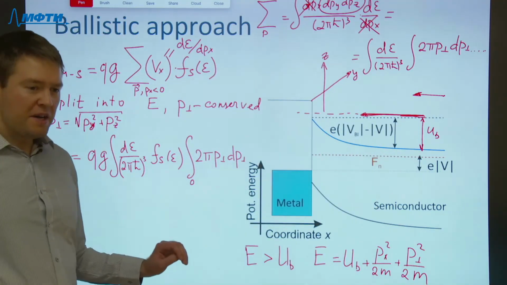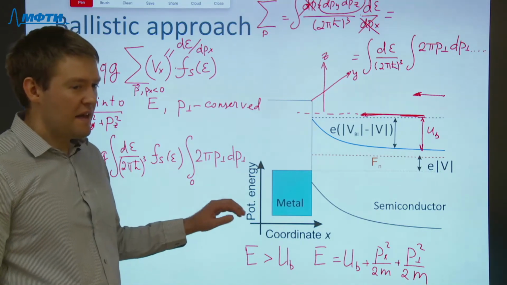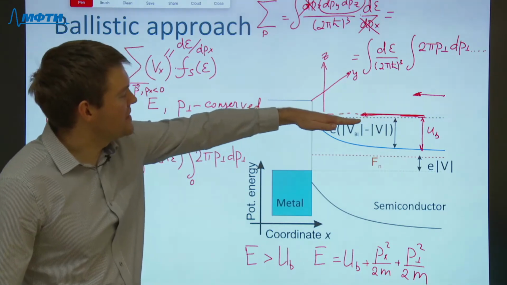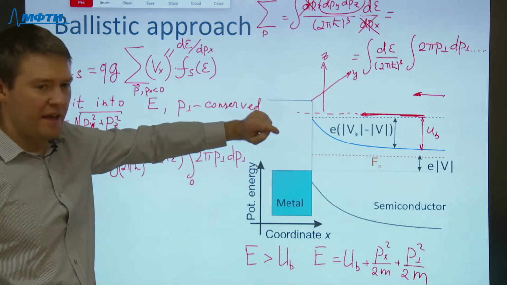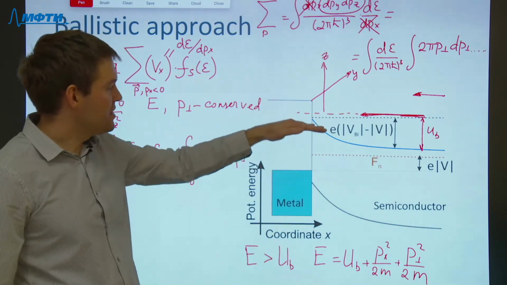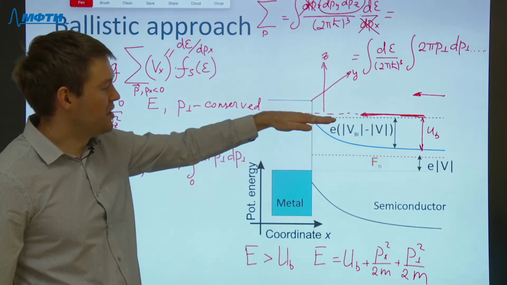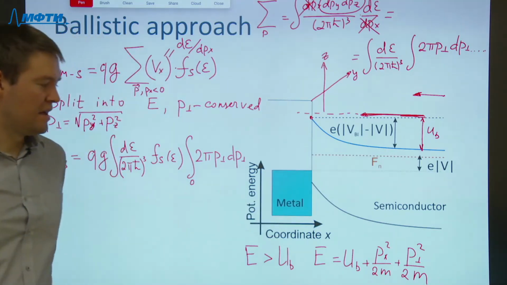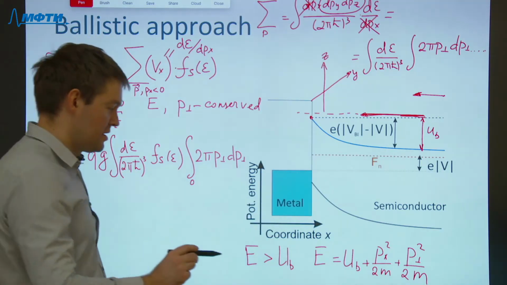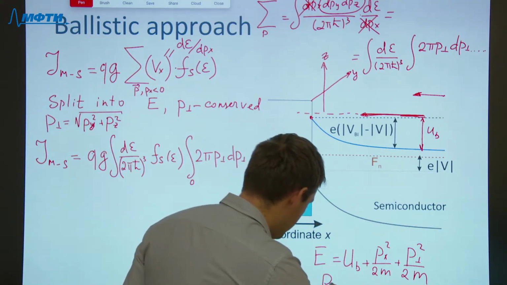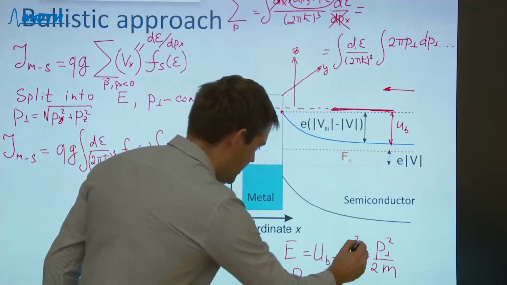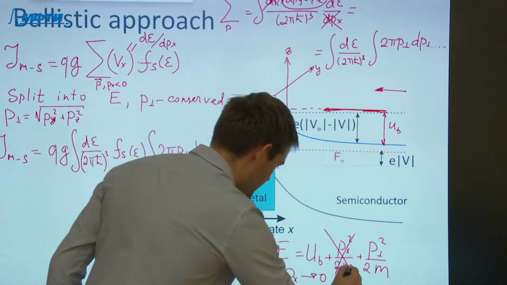If the particle has a critical energy, which is just slightly above the barrier, it means that its velocity drops to 0 at this point. This critical particle has the momentum px tending to 0, so we can cancel this term.